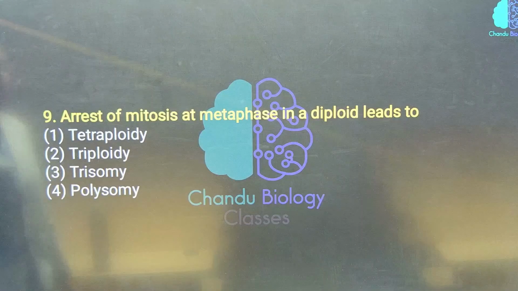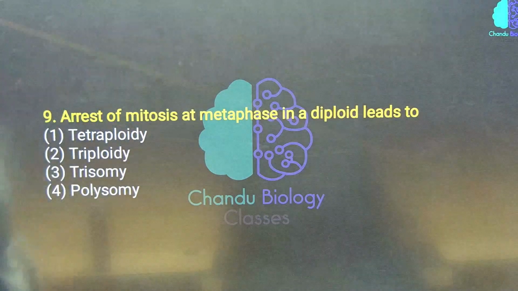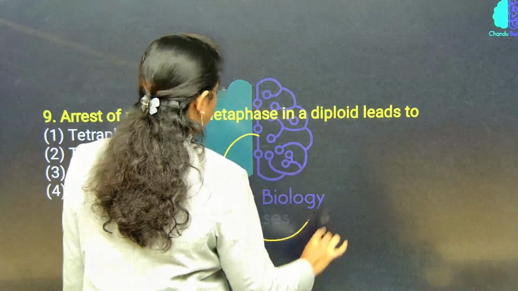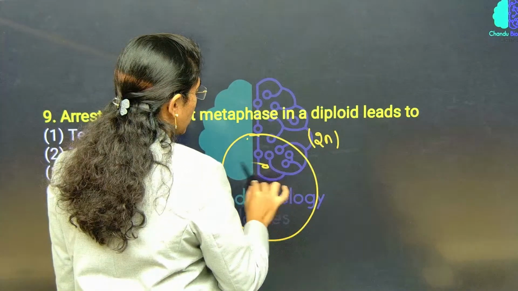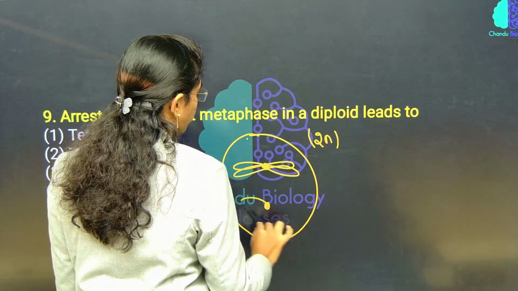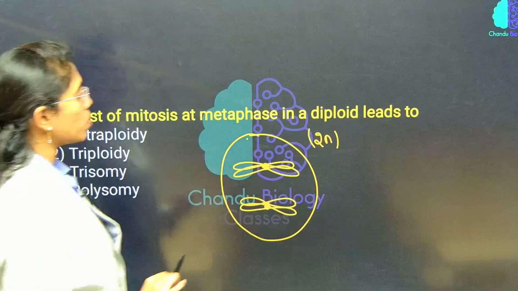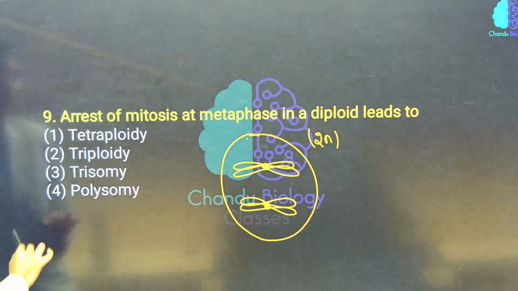Arrest of mitosis at metaphase in a diploid cell leads to what ploidy? Okay. In metaphase, in a diploid cell, you will have a complete set of chromosomes. Let us assume 2 sets of chromosomes are present, which is the complete set. So, when the complete set of chromosomes is there in metaphase in a diploid cell, the ploidy of the cell will be tetraploid, yes or no?